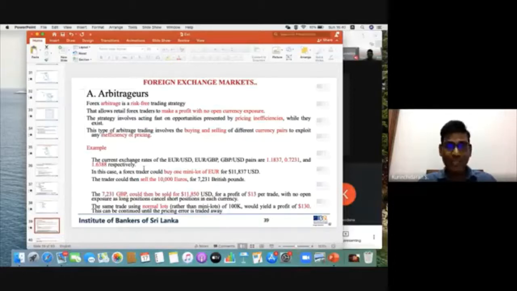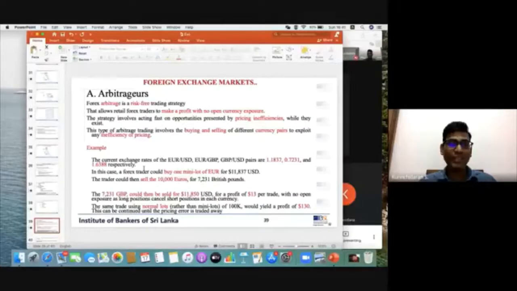When you buy USD, what is the rate? 1 GBP is equal to 1.6388 USD. That means when you sell 7,231 GBP, you will get 11,850 USD. Now you see, earlier you had 11,837 USD.